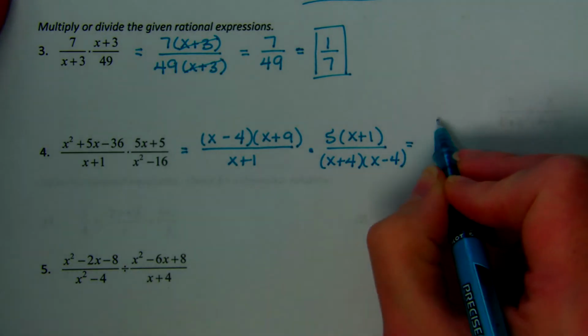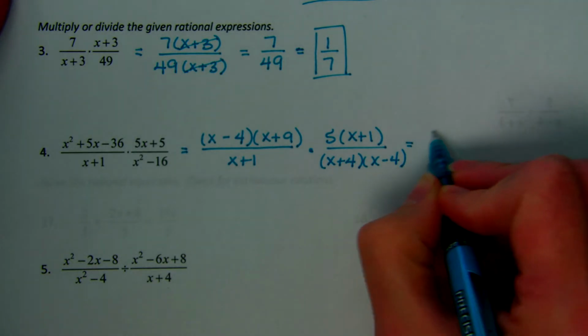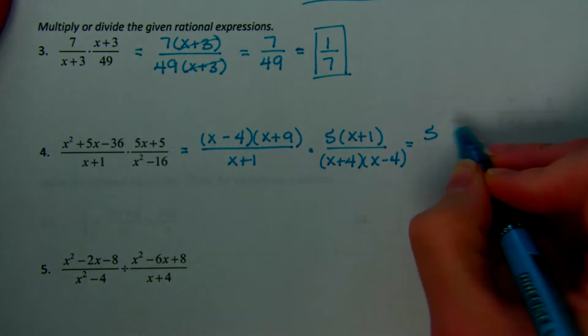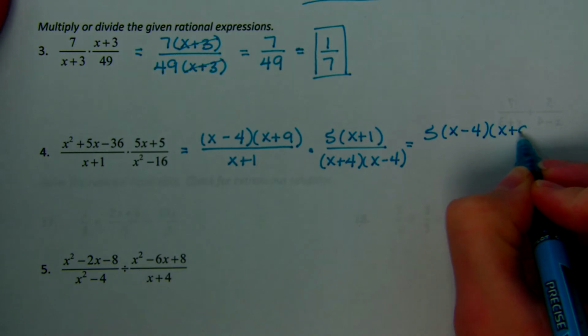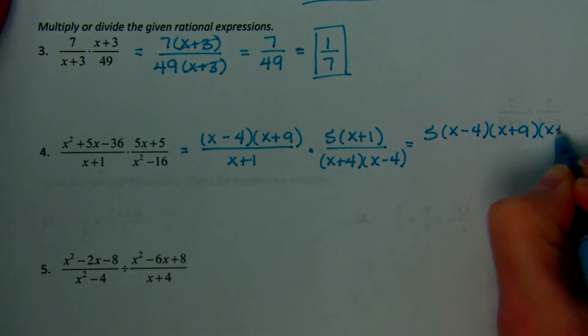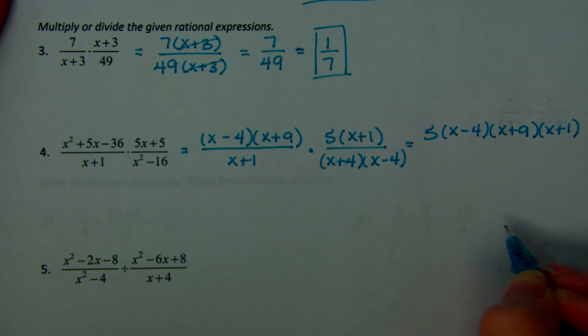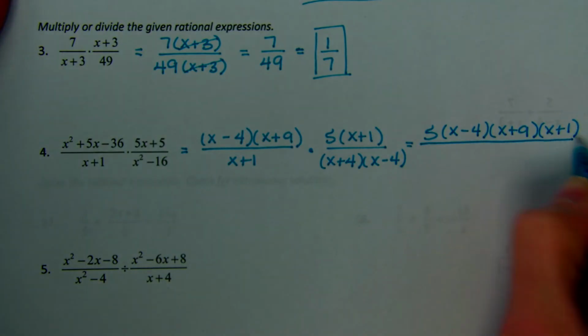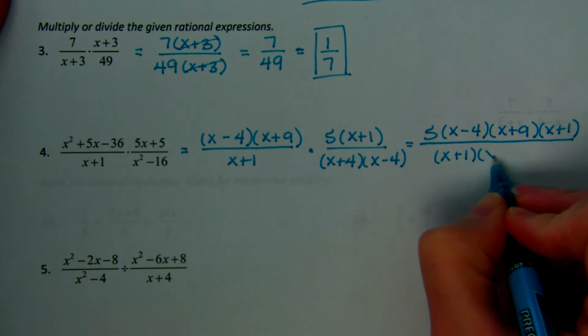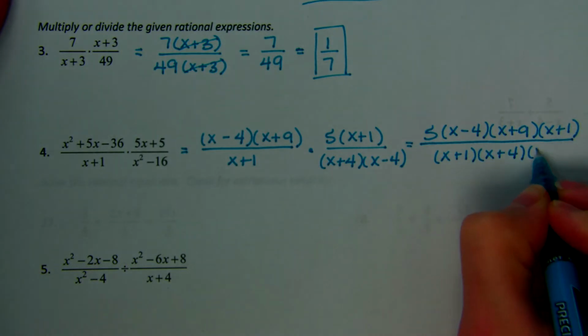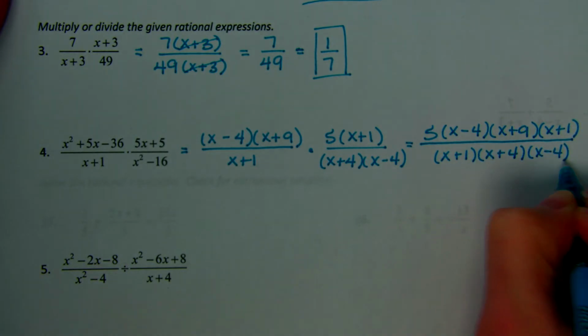And now I smoosh. So I'm going to write the 5 at the front just because that's correct. 5, x minus 4, x plus 9, x plus 1 over x plus 1, x plus 4, and x minus 4.